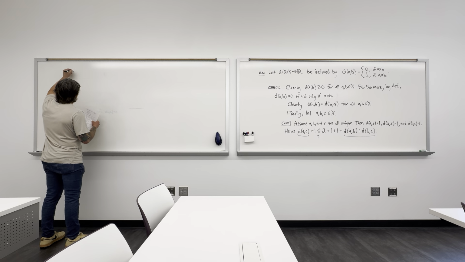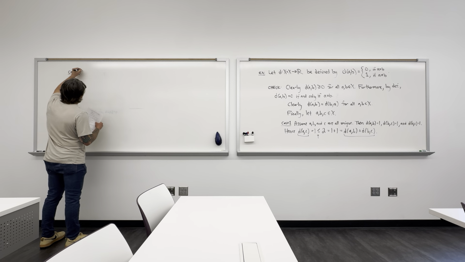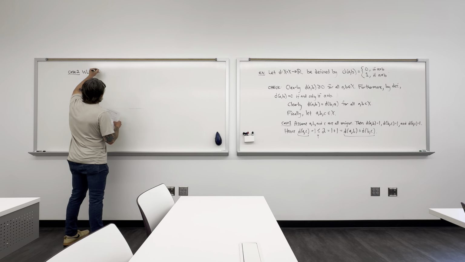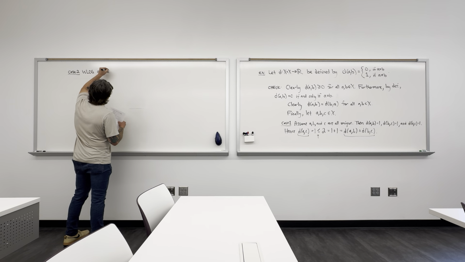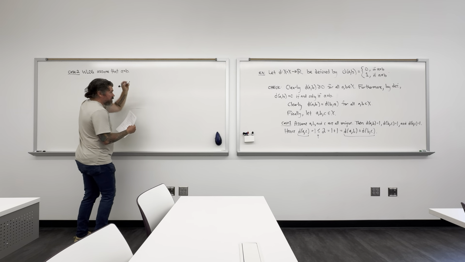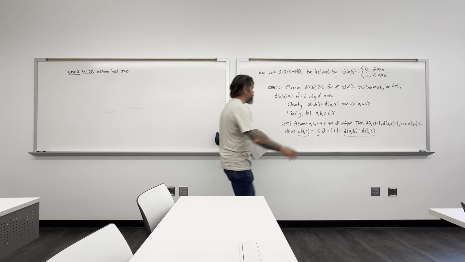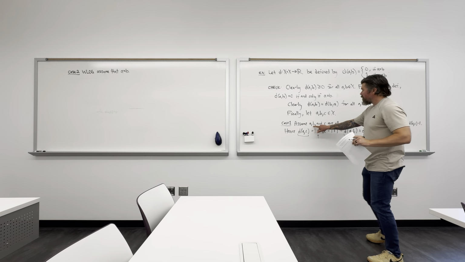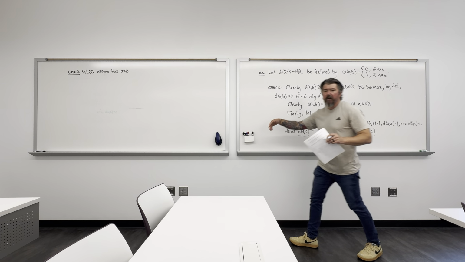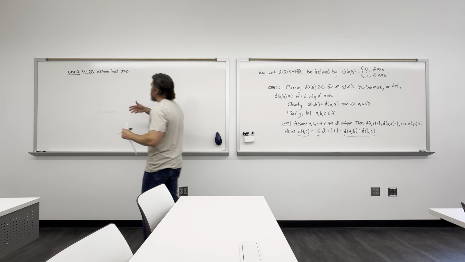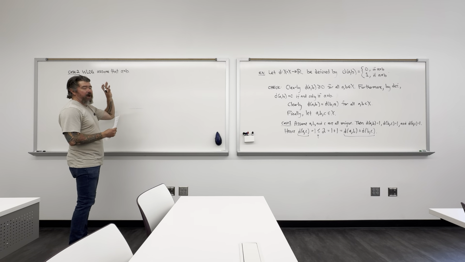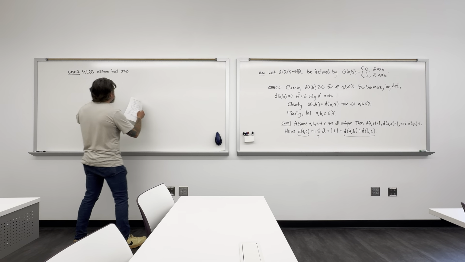So case 2, without loss of generality, assume that A equals B, because these are just placeholders. A equals B, or A equals C, or B equals C. They're all very similar arguments. So let's just say without loss of generality, assume that one of the pairs is equal here.